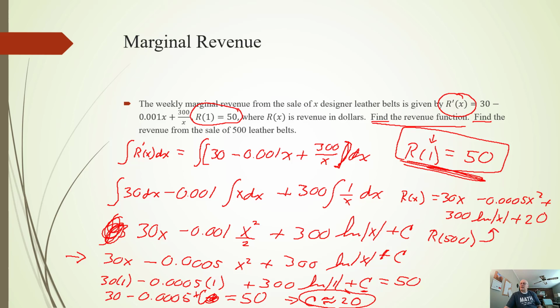Put that in for all the x's, and the revenue from 500 belts would be $2,692.36. There you go. And that's it.